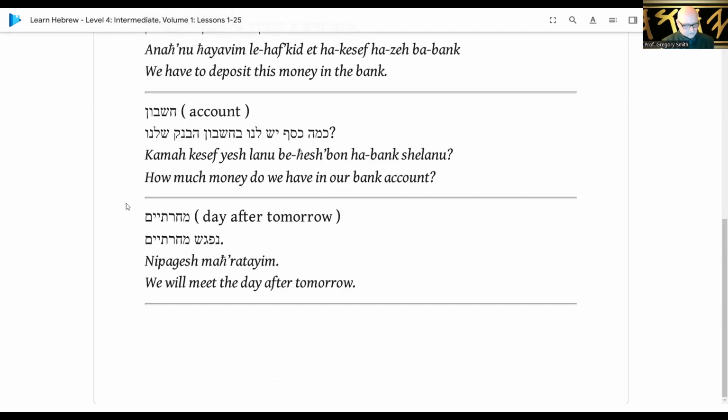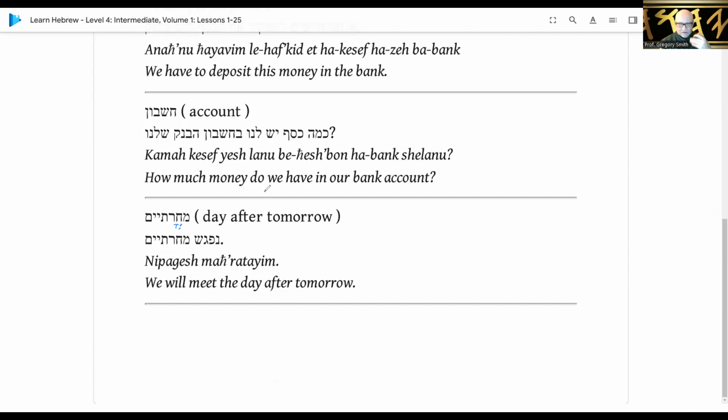Mahar Taim. מחרתיים. Mahoratayim. But what I'd like to see is that with the Nikud. מחרתיים. Mahoratayim. It makes me wonder if it's got this right here. I bet you it's this, which is a kametz, the lower vowel.